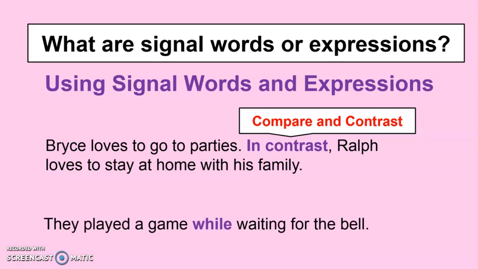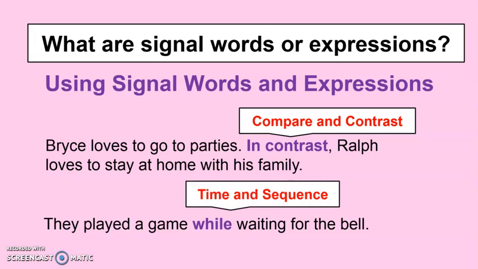Another example: they played a game while waiting for the bell. Since we use the signal word "while," you're actually creating another pattern, and the pattern used in this sentence is the time and sequence pattern. Whether you are aware of it or not, you use patterns of development to express yourself.